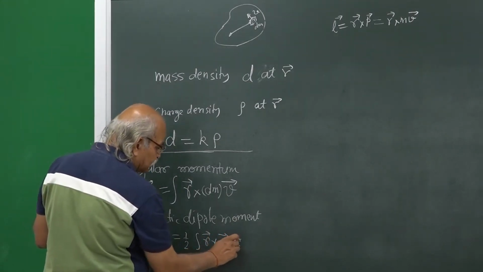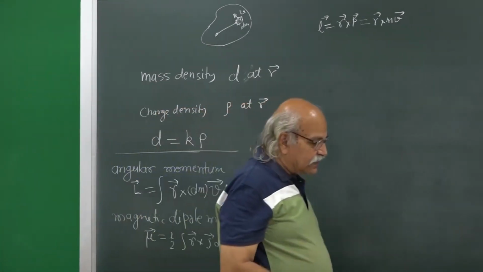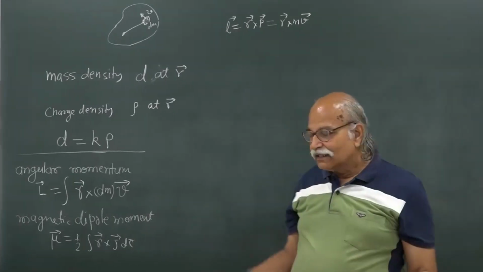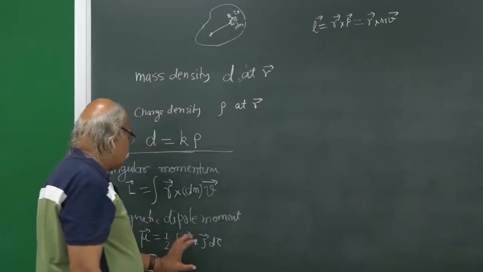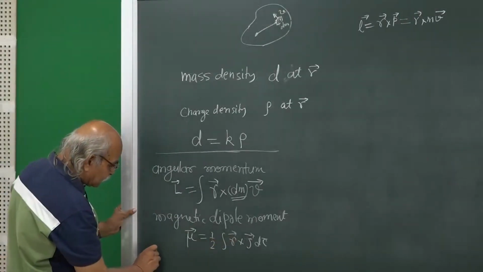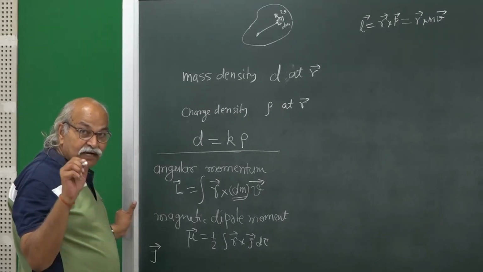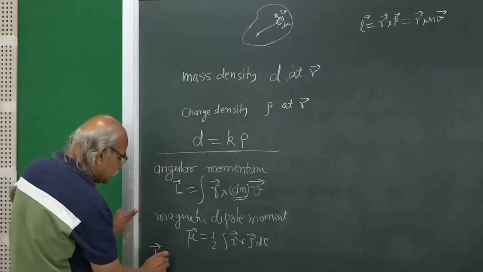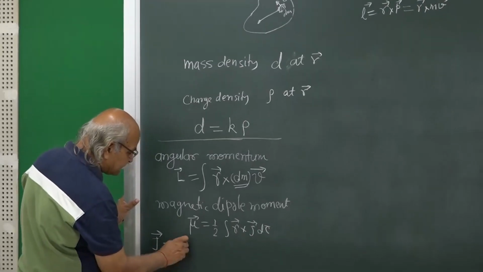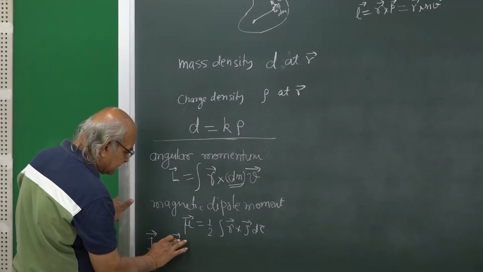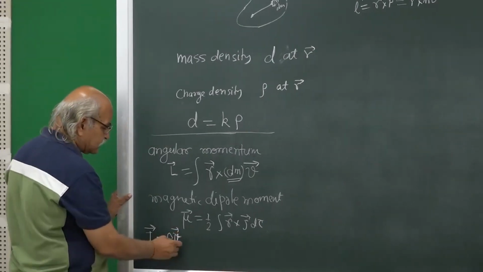We are writing the most general j d tau. If it is a surface current, k dA; if it is a linear current, I dl. So this is the magnetic moment. This j is current density, right, volume current density, and this is rho times v. Remember this relation we derived, J is rho times v.